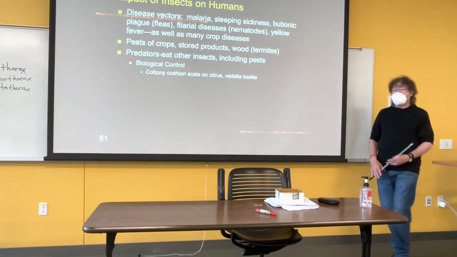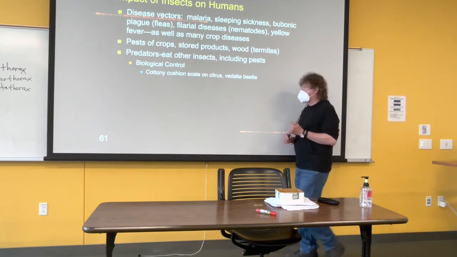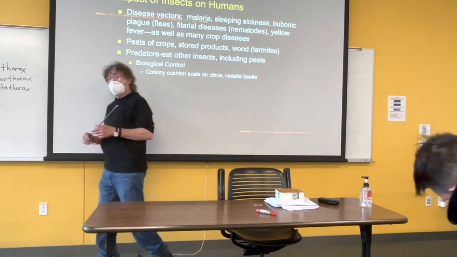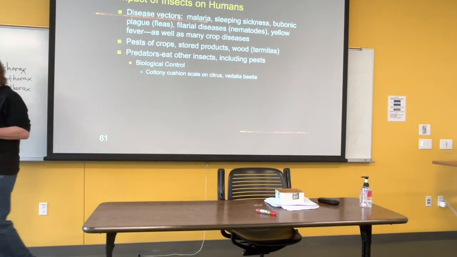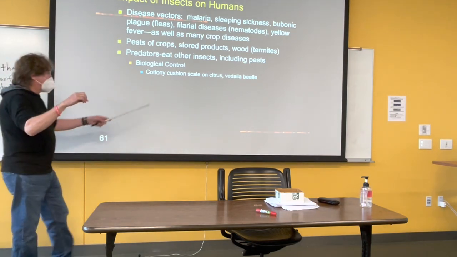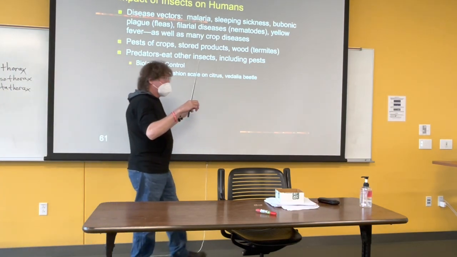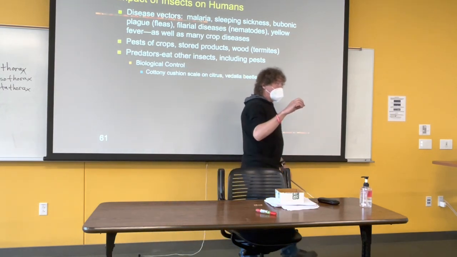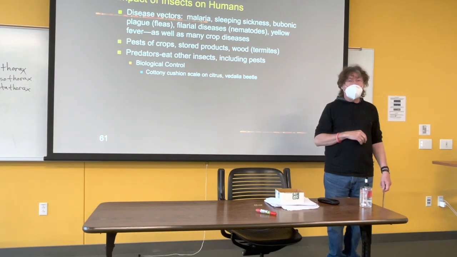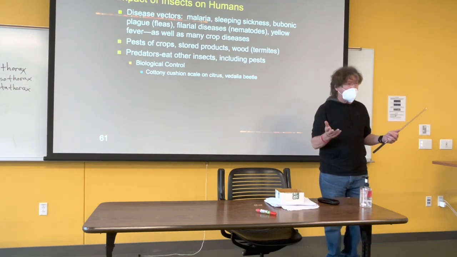One of the best stories where this worked was back in the 1880s here in California with Cottony Cushion scale. Okay, now scale insects, they're Hemipteran insects, but they will get on citrus primarily, oranges, lemons, and so forth, tangerines, and they suck the juices out of the tree, which eventually kills the tree.